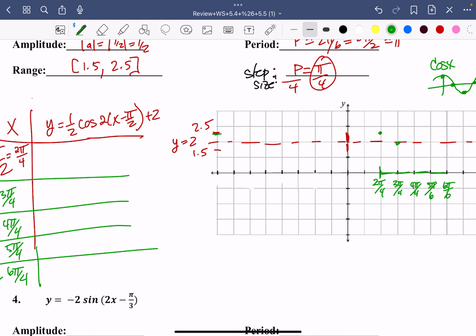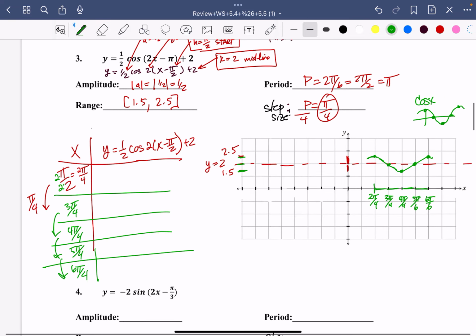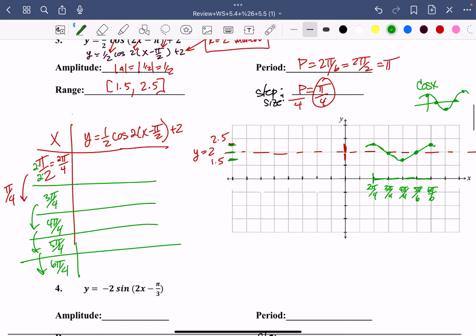Goes to a midline of 2, a valley of 1.5, a midline of 2, and a peak of 2.5. It's going to come down like this. It's going to be nice and rounded at each peak and each valley. And so it's going to look something like this, right? Rounded.